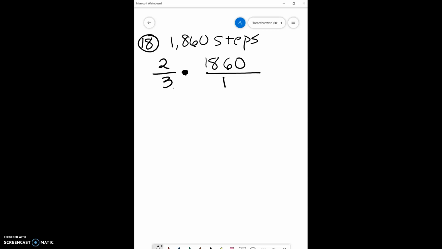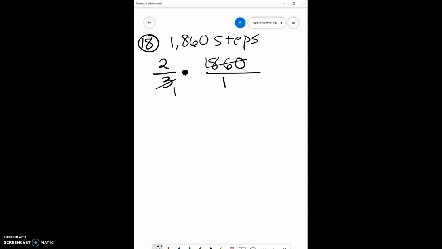But there are some rules that you can use, like for 3, if the sum of the digits is divisible by 3, 1 plus 8 plus 6 is 15. So 3 will divide into 15, so 3 will divide into 1860. So that's a quick way to use some shortcuts.